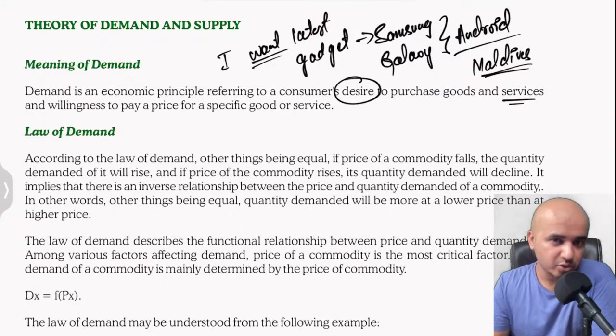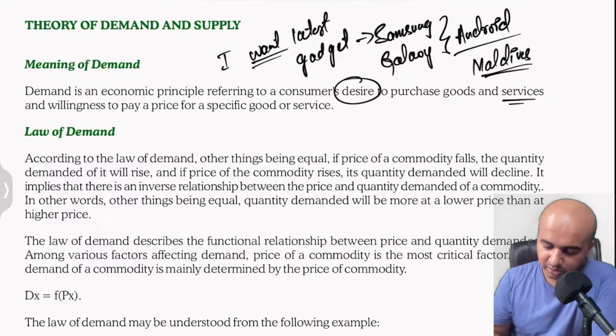My want as a human being will never be satiated. I will always want more and more. But will I have enough money to satisfy every need or want? Of course not. So unless that desire or want is backed up by purchasing power, it can never be considered as demand.